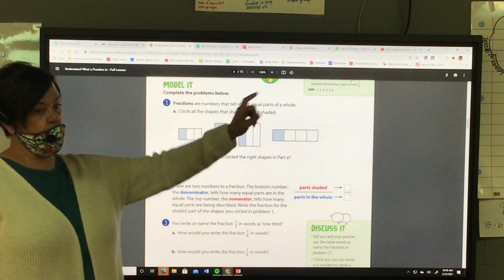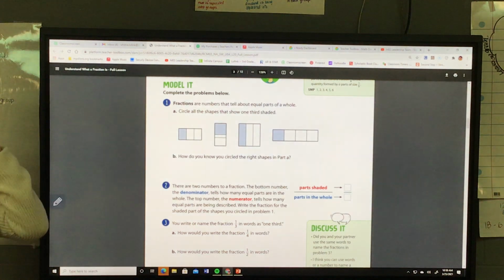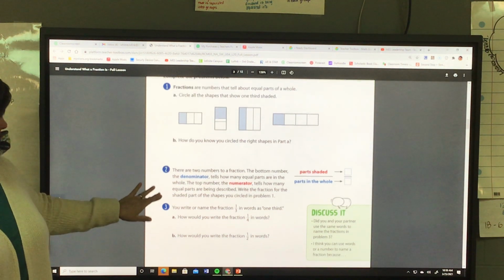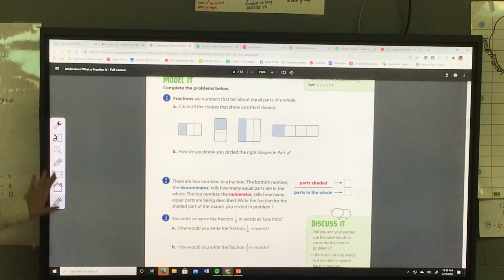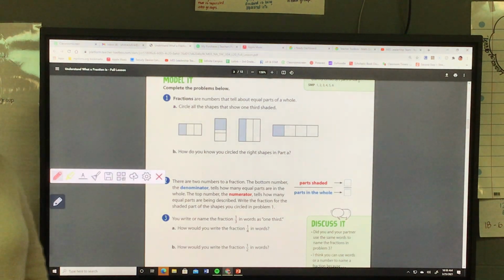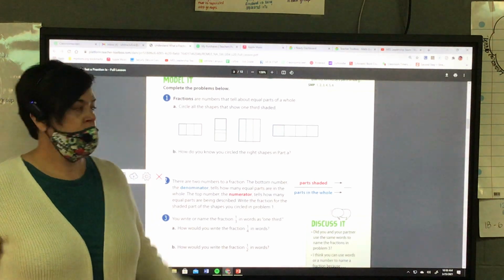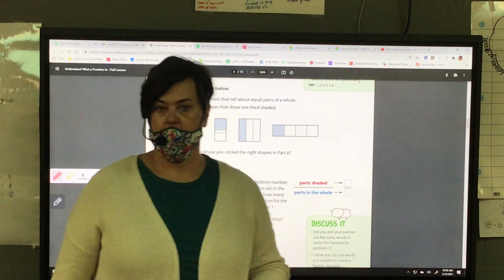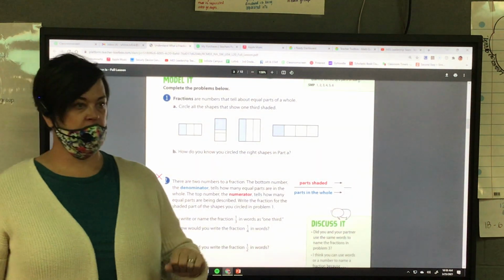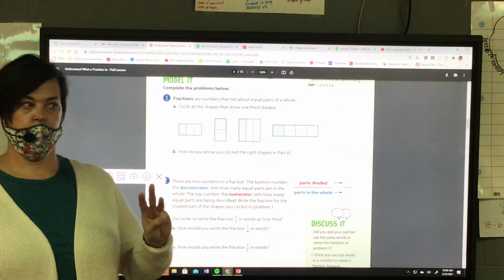Now they're equal parts, so think about that. How many did you circle? 1, 2, 3, or 4? I'm seeing 2, 3.